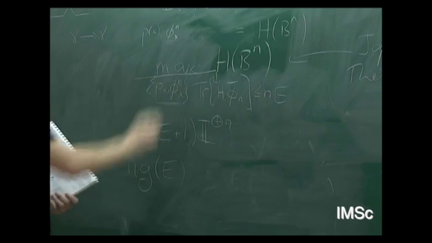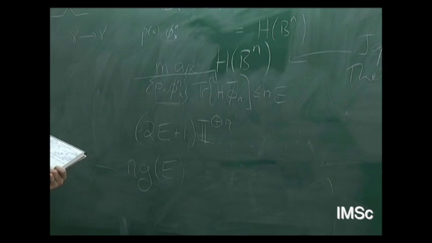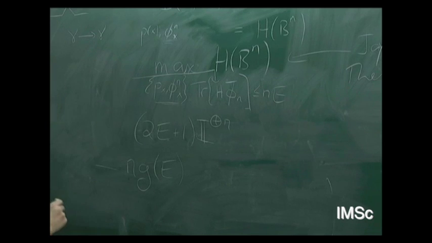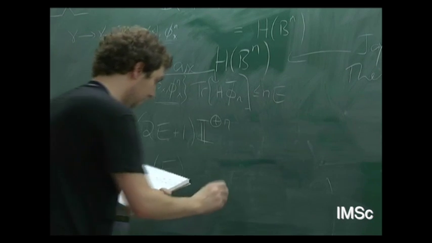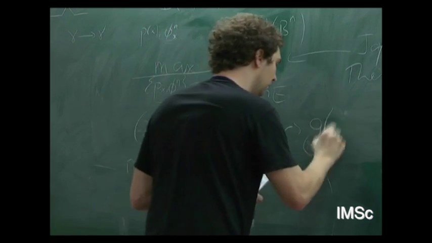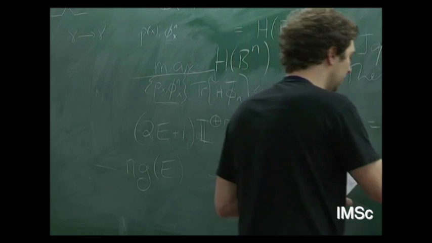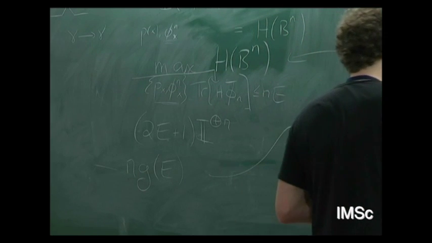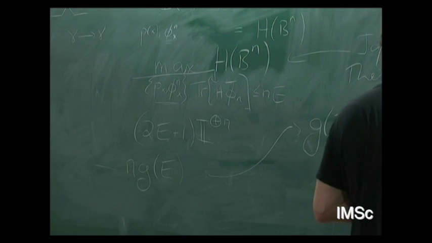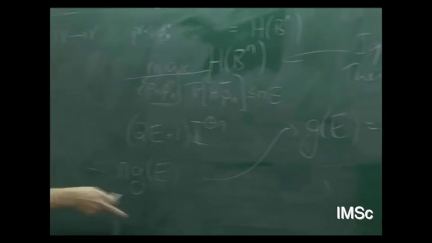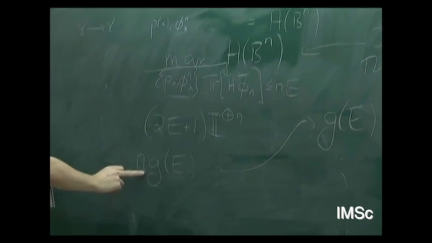Okay, so this maximum entropy is going to be n times g of E, where you remember g of E was equal to (E plus 1) log(E plus 1) minus E log E. So this is the n-shot Holevo information. We have to normalize it by the number of channel uses.